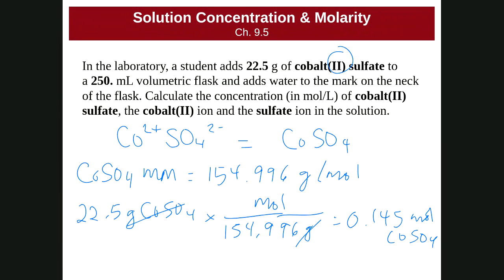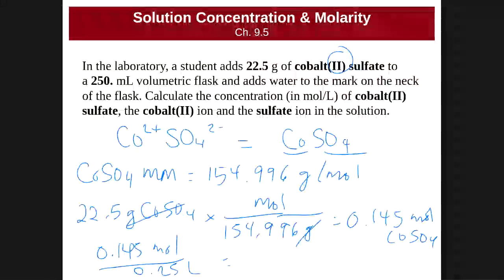And for cobalt sulfate, we don't have any subscripts, so cobalt and sulfate both have the same concentration as the ionic compound cobalt sulfate. So we have 0.145 moles in 250 milliliters, which again is 0.25 liters.